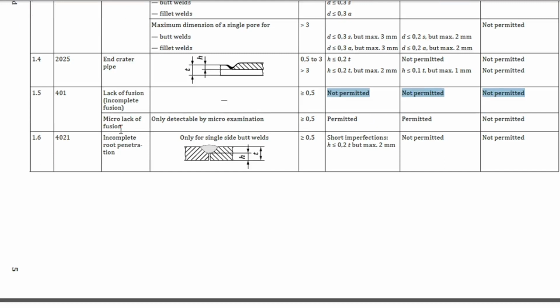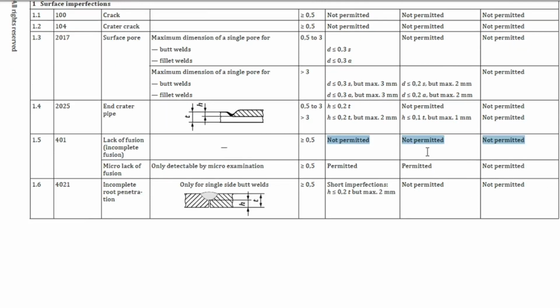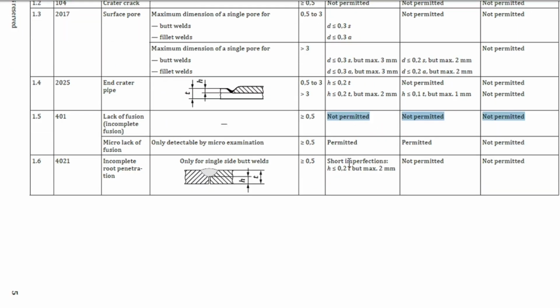Micro lack of fusion is only detectable by micro examination; visually, by eye, you cannot see it. In that case, if the thickness is greater than or equal to 0.5 mm, level B is not permitted, but levels C and D are permitted.